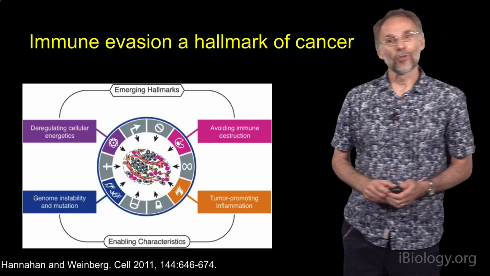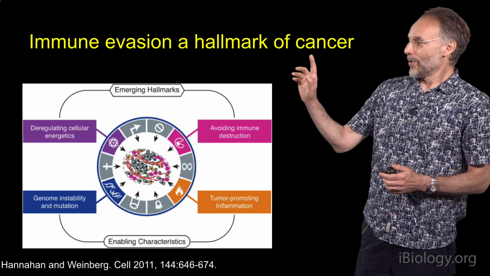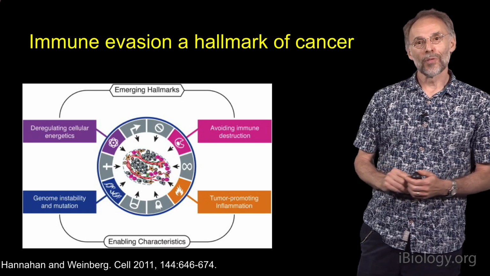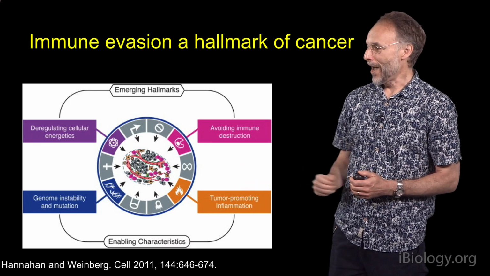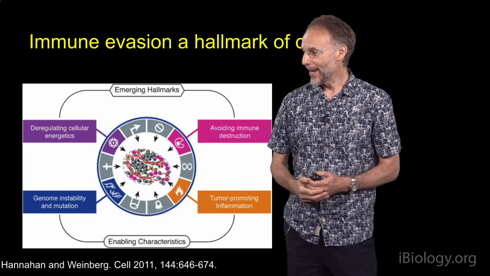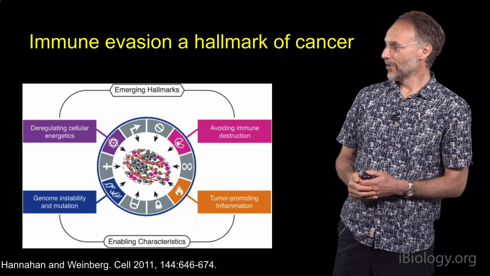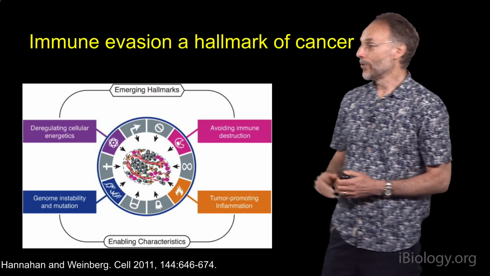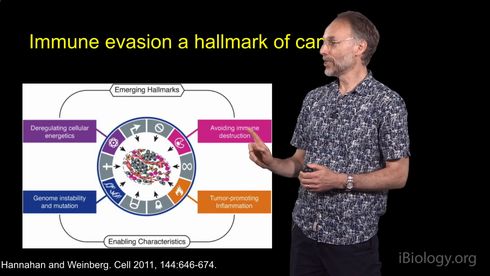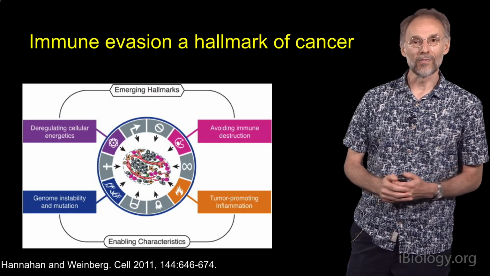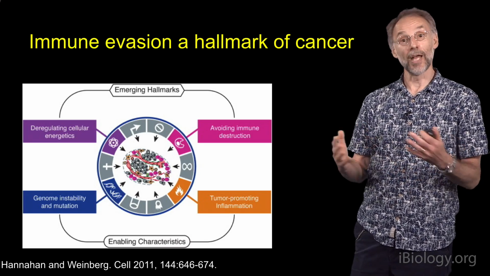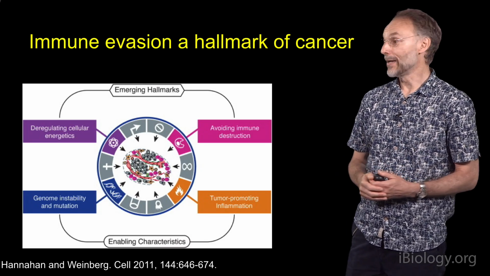So cancer. Immune evasion has recently been recognized by cancer biologists, in this review by Hanahan and Weinberg that revisited the hallmarks of cancer. So cancer immune evasion is now considered a hallmark of cancer. This is a big change over the past decade in how people think about this.